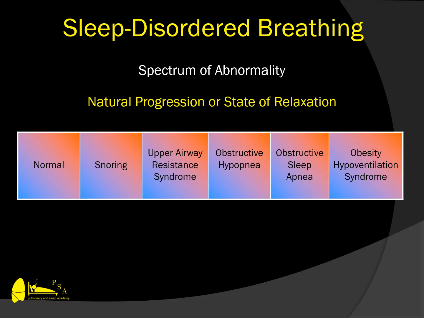And then moving further to the right to develop disease states, including obstructive sleep apnea and obesity hypoventilation syndrome. These latter 2 conditions having a more direct consequence on health and quality of life.